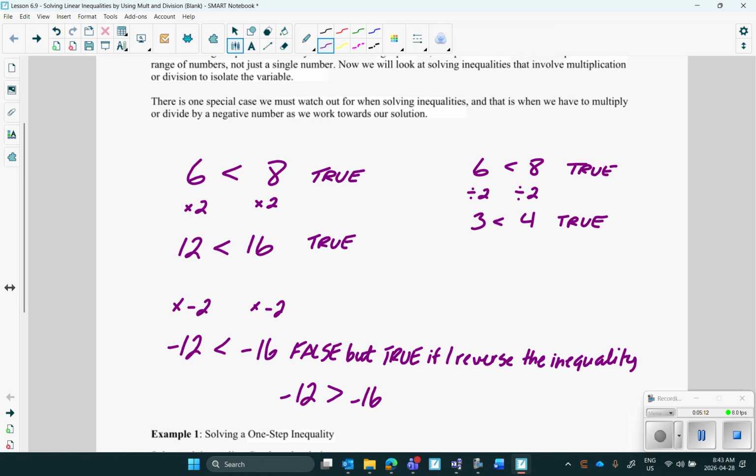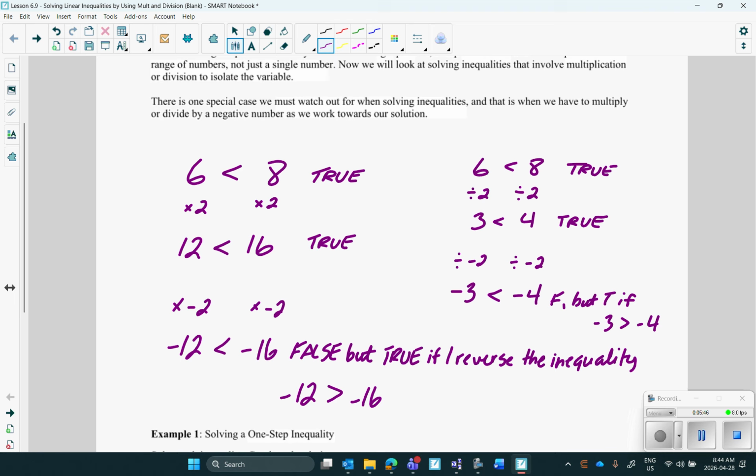But if I took the originals and divided by -2, I get -3 less than -4, which is false. But true if I reverse this.